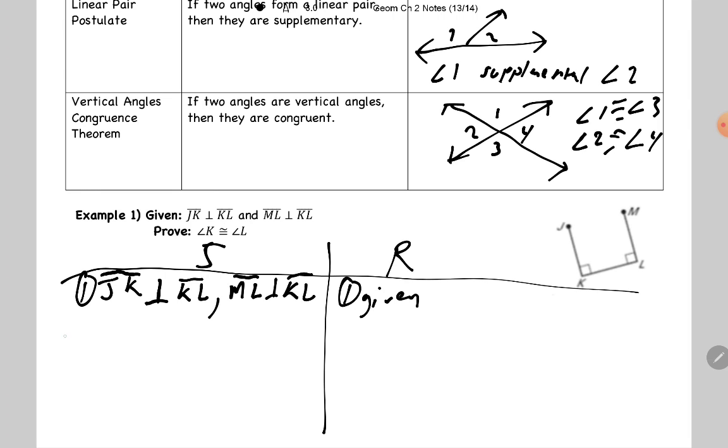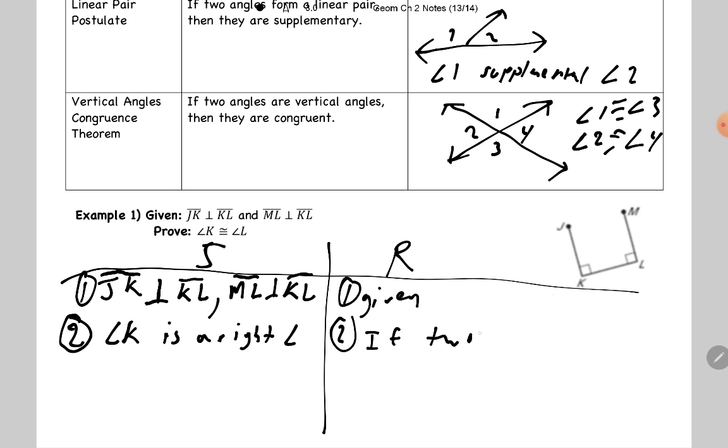Well, usually it comes from what we're given. So what does it mean to be perpendicular? If I look at JK as perpendicular to KL, that means angle K is a right angle. Why? Because that's the definition of perpendicular lines.